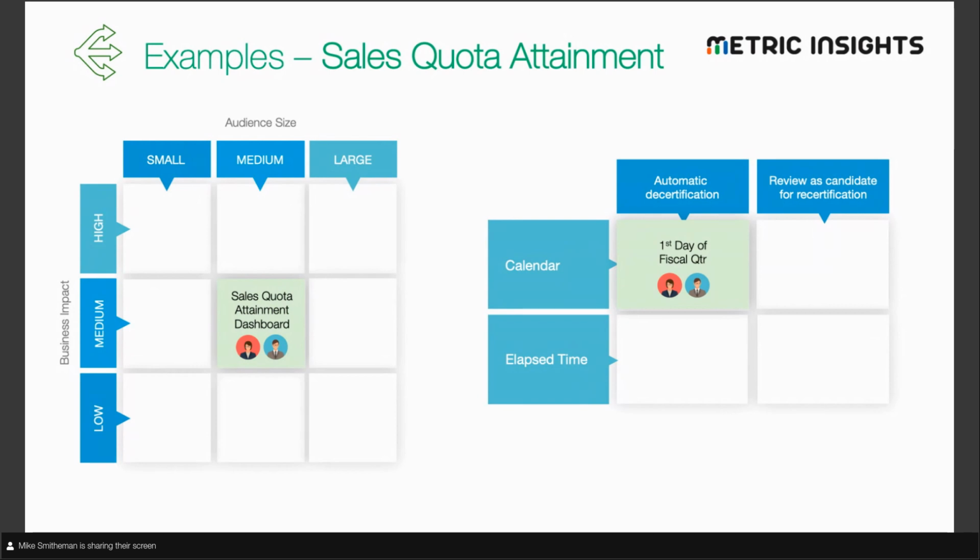At the beginning of the quarter, there are territory realignments. Quotas are reset or adjusted. So in that scenario, on the first day of the quarter, that content should automatically get decertified. And then as soon as the analyst and the business owner have worked together and determined that yes, the new rules are applied, that content gets recertified, and the sales team knows that they can trust that data.